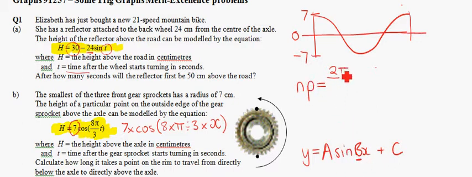The new period will equal 2 pi divided by b, which in this case looks a bit complicated, but that's what we've got calculators for. So if you want to find your calculator and very carefully work out this using brackets, you should get a value of 0.75 seconds.